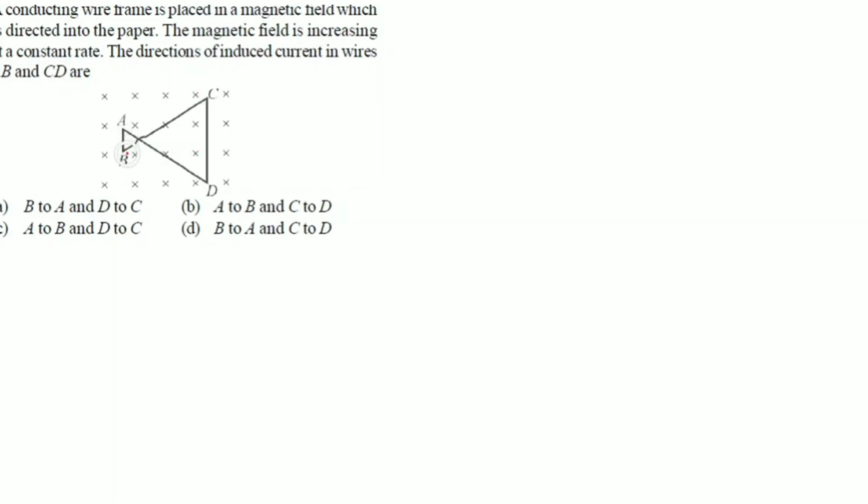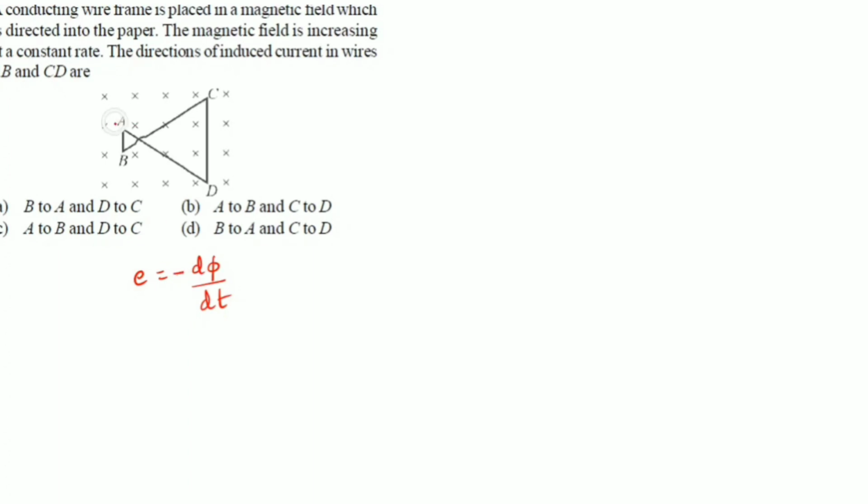Here AB is a small loop and CD is a bigger loop. Now remember the equation E equals minus dΦ divided by dt. That means when magnetic flux changes, induced EMF takes place, and that takes place in the opposite direction.